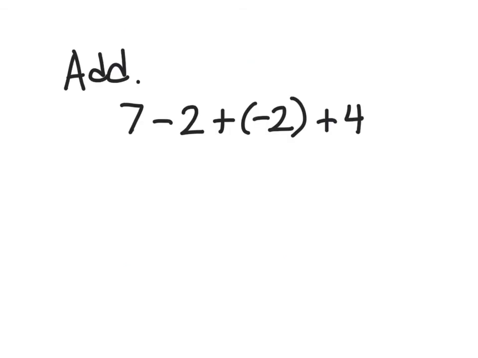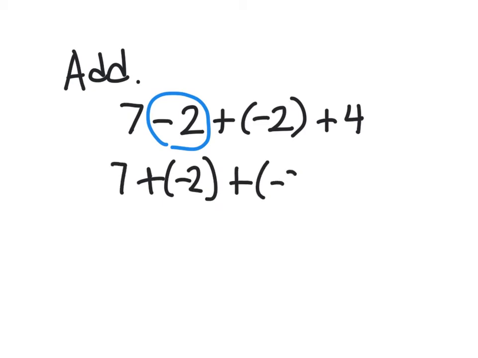All right, so here we have another addition problem, but there's no number line. We're just going to add. All right, let's start by changing this -2. We're going to change it to a plus the opposite of 2, because that's the same thing. All right, so now I'm just adding up all the numbers.